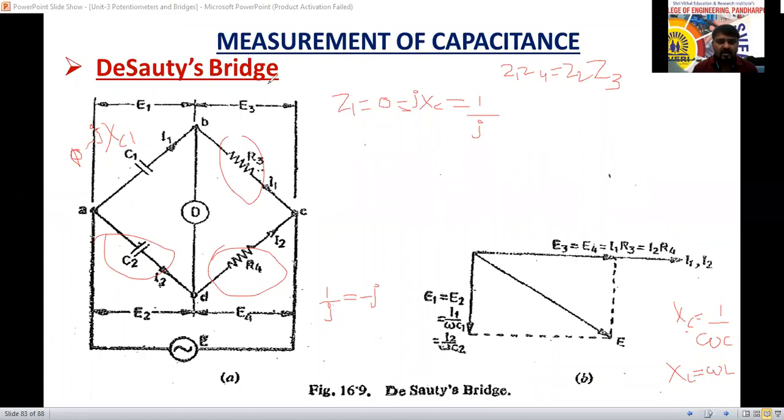In this place of minus J, I can write 1 by J. I have told you the formula: 1 by J equal to minus J. So in place of minus J, I am writing 1 by J here. Next, XC is there. In the place of XC, can I write 1 by omega C?